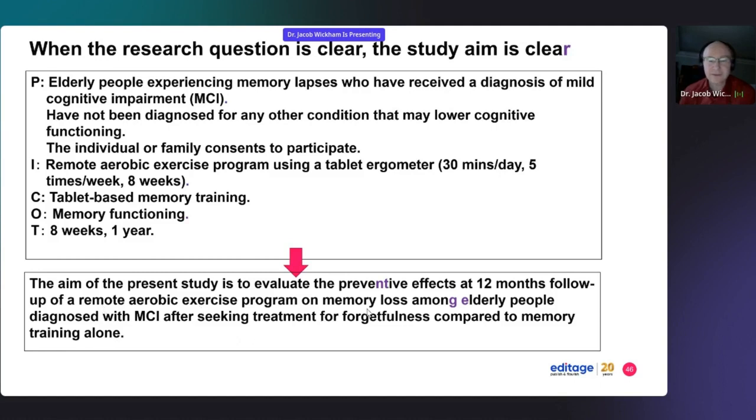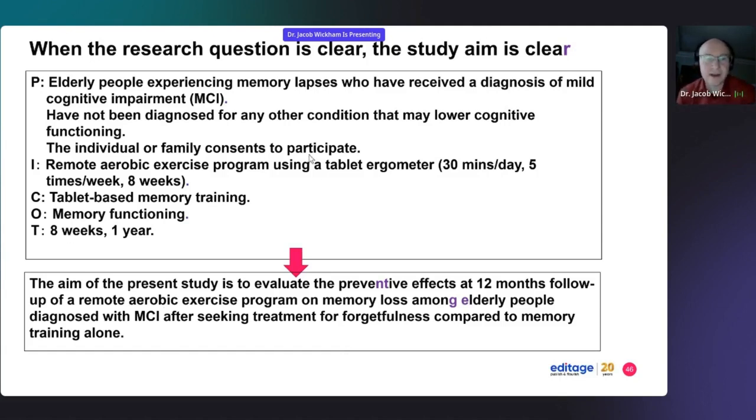So here the aim is to evaluate the preventative effects of 12 months follow-up of an exercise program on memory loss among elderly people diagnosed with MCI. This is mild cognitive impairment after seeking treatment for forgetfulness compared to memory training alone. So you have a population that's seeking treatment and then a population that doesn't have treatment.